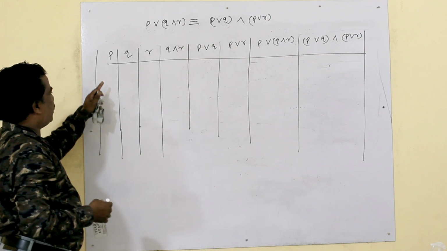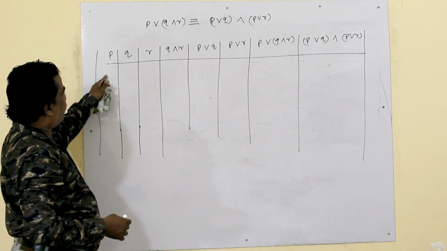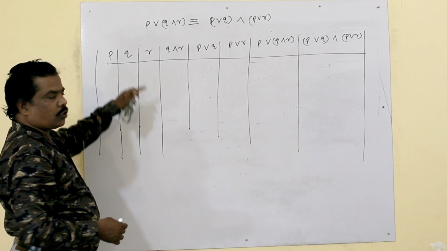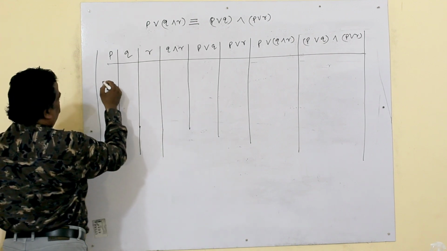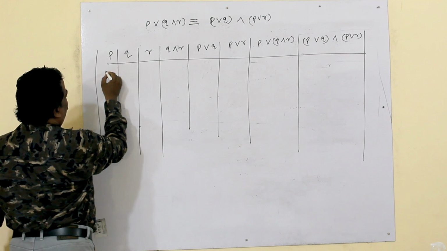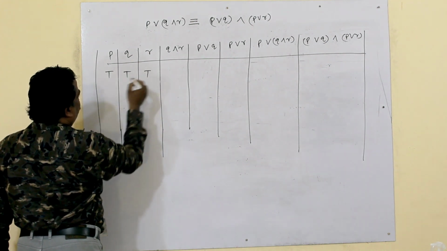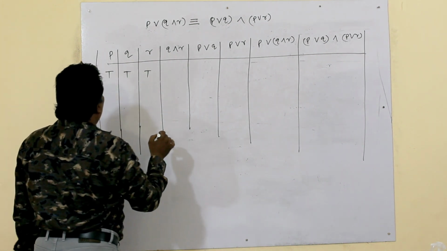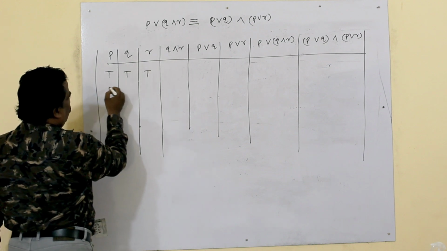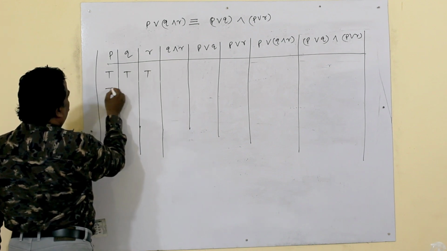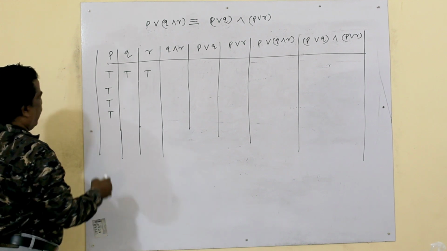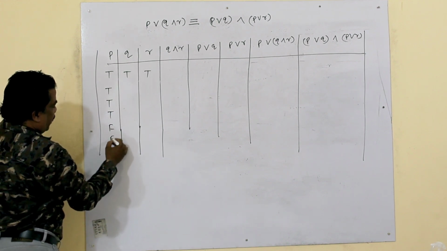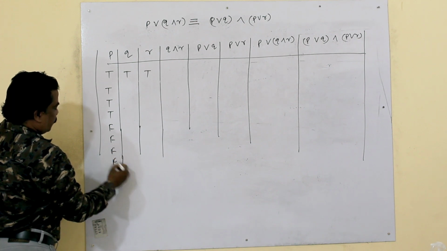So now write the truth values of the three statements, that is true, true, true, true, true, true, true, true. Write 4 truths and 4 falses. 1, 2, 3, 4.